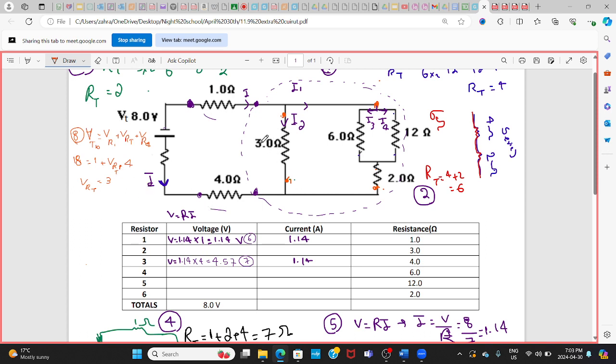Means the voltage across the 3 ohm is what? 3 ohm is going to be 3 because these 2 points here, it could be connected to that without any change, true? So I got that. That was my step 8.